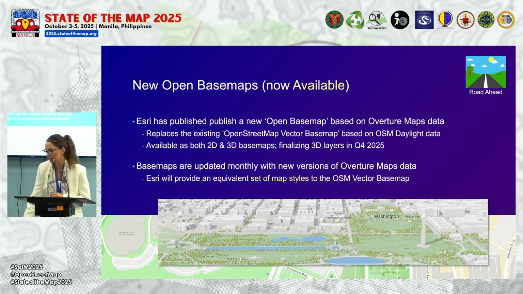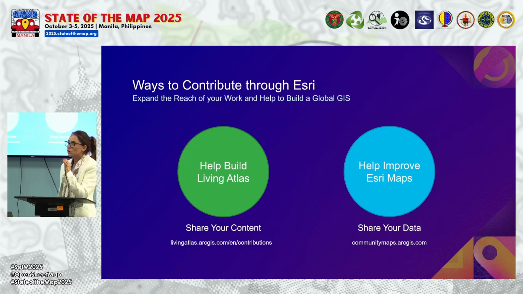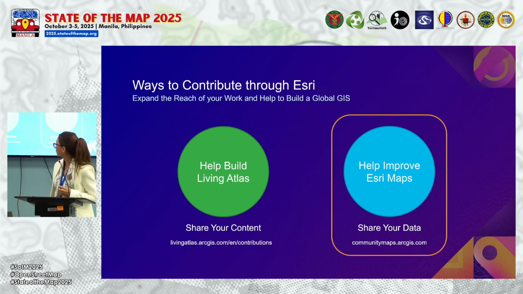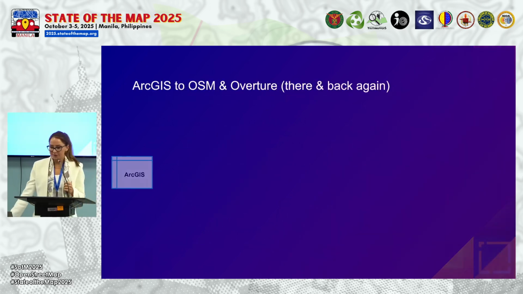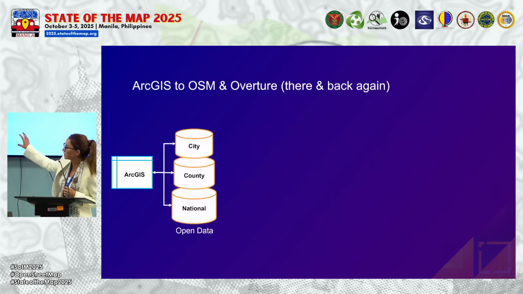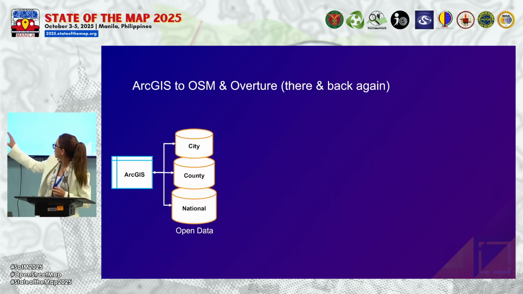And speaking of that, I would like to show you what you're seeing here. You can also contribute back to the OSM database by using our Community Maps program from there. To give you an overview of our system, here is ArcGIS Online, where nationals, counties, and cities can contribute their open data.